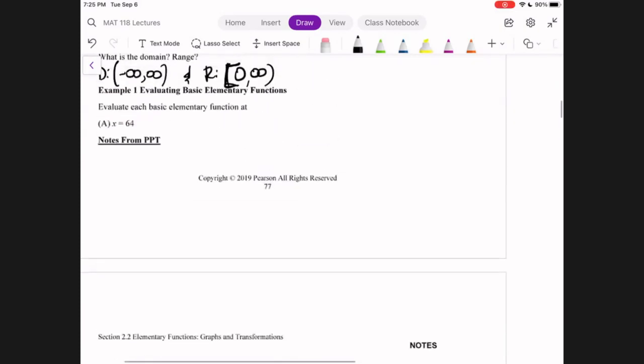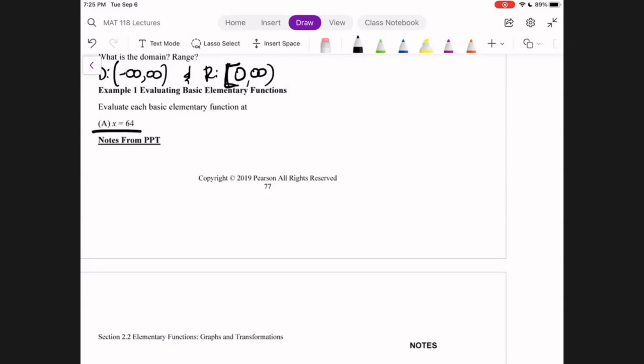So for this part here, I want you to evaluate each one, which for some of the homework problems you don't really need to evaluate, but we can go over how to do that, just to refresh our memory. So it wants you to evaluate each one at a value.